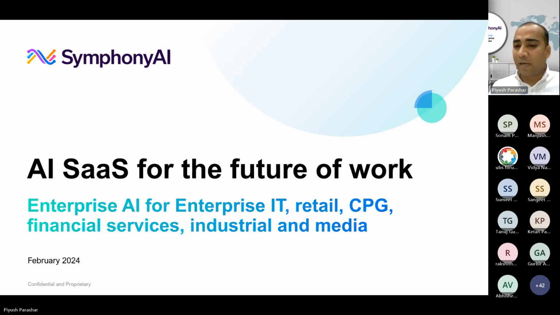Let me spend not more than a minute to introduce who we are. Symphony AI is a SaaS organization, an AI-first SaaS organization, and we are building products that will help large enterprises work in the future.